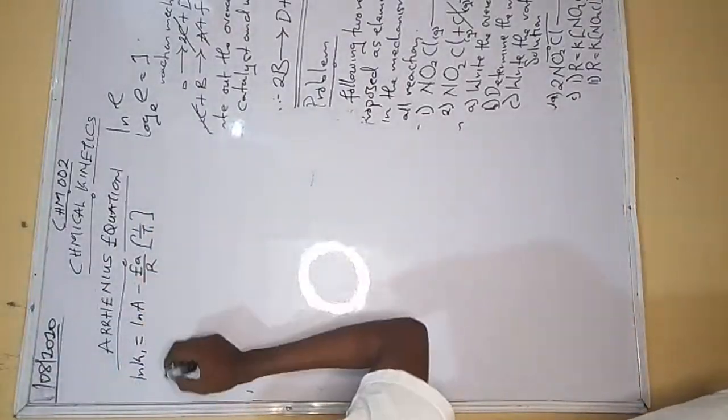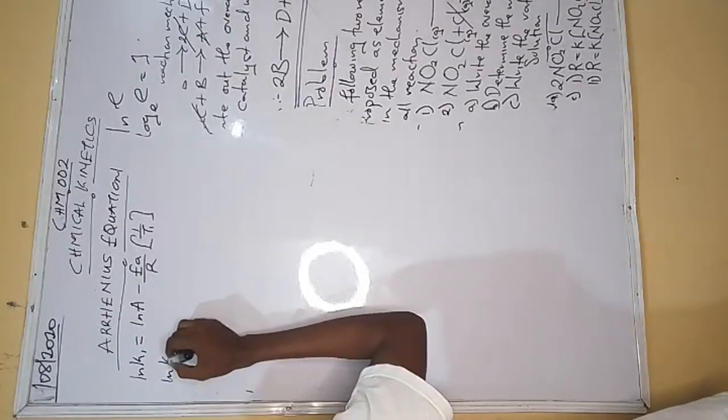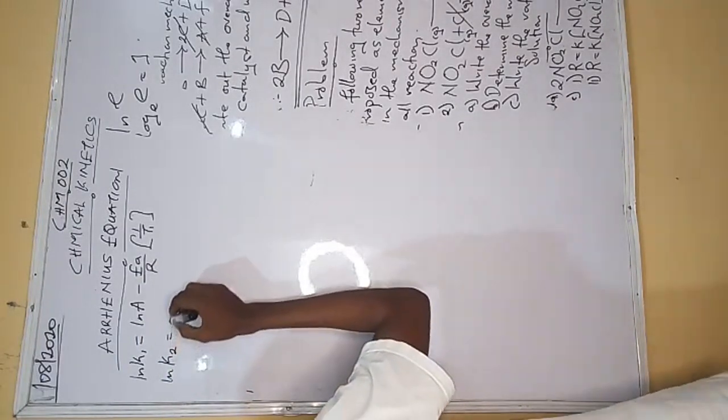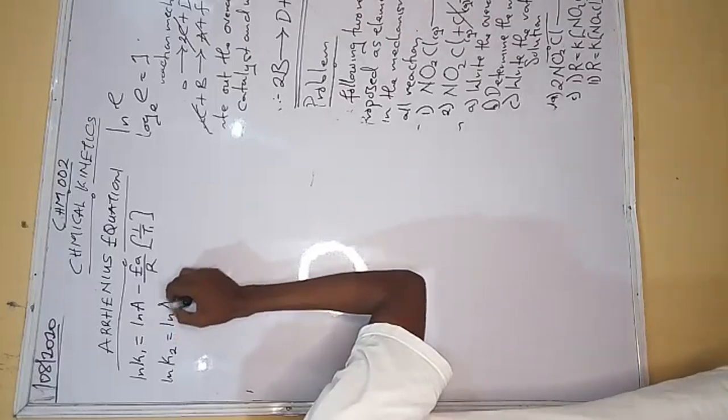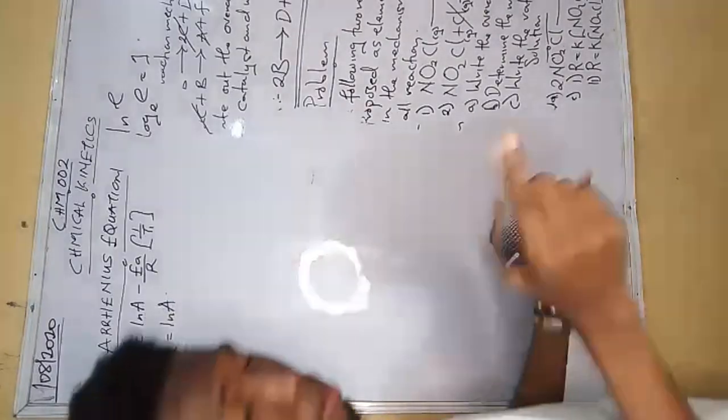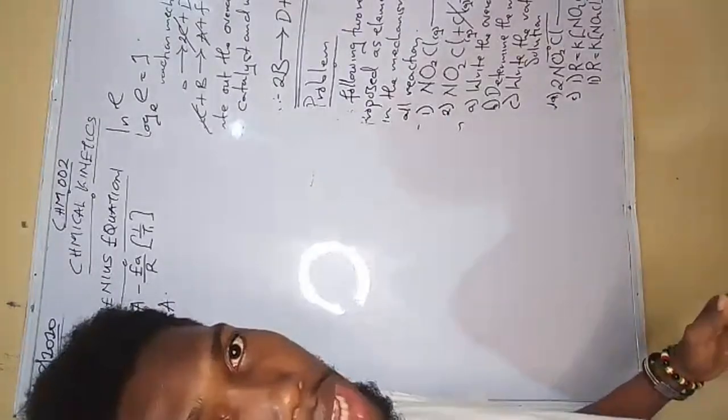So let's now say we have another one, that is ln k2, which equals ln A, the same ln A. But look at something, we're talking of that same reaction.